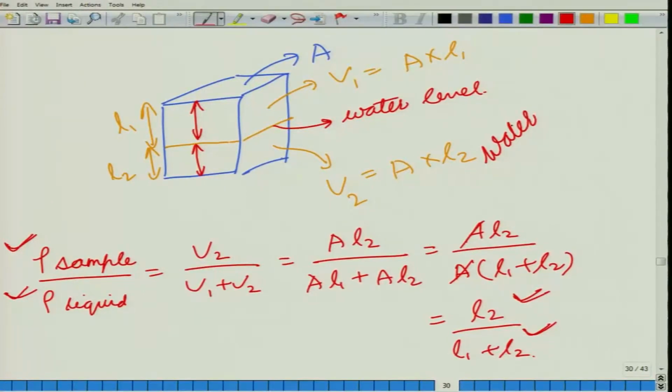Now, when the liquid is water, the rho is given by 1 gram per cubic centimeter, which is also equal to 1000 kg per meter cube.